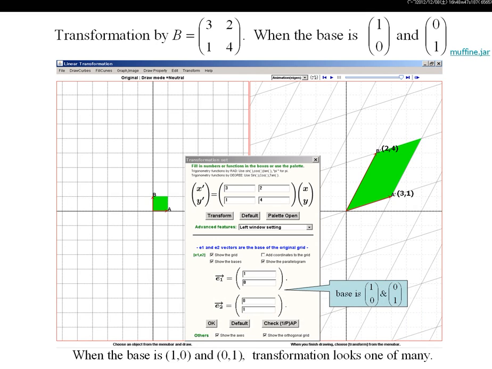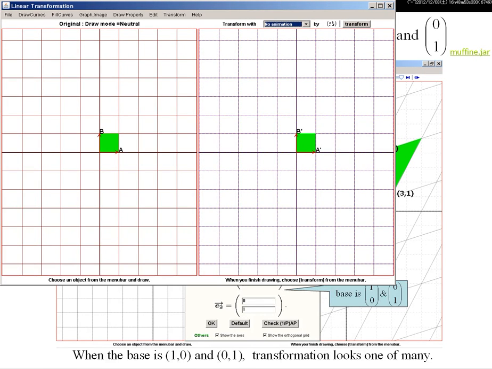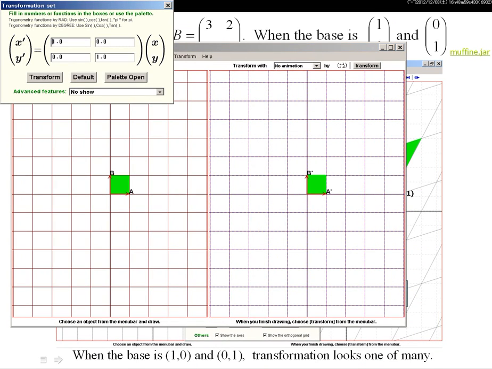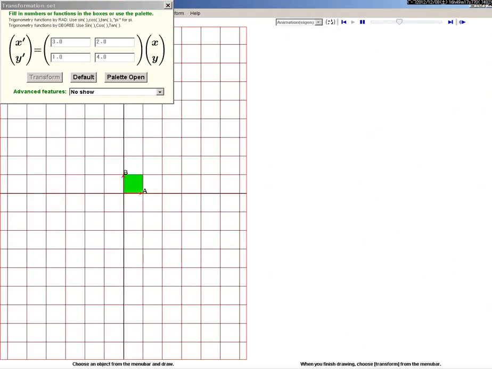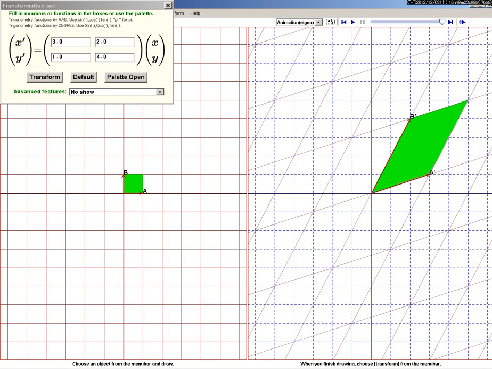So next, B. B is (3, 2; 1, 4). The (1, 0) vector moves to (3, 1), and the (0, 1) vector moves to (2, 4).